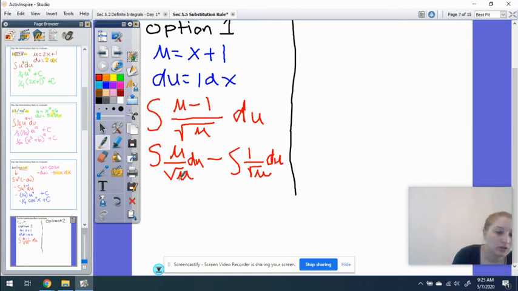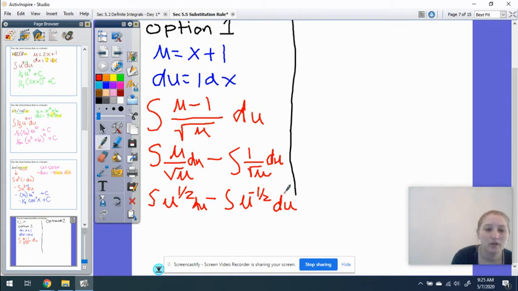So this is essentially u to the 1/2, and it would be negative because this is in the denominator. So if I add that with this u to the 1, that is going to end up giving me u to the 1/2. And this right here is going to be the subtraction. Oh, I'll write du real quick. Subtraction of, this is u to the negative 1/2. I'm going to bring that up. Okay.